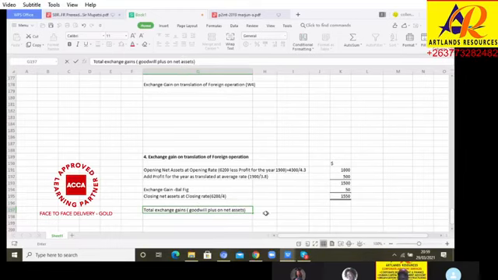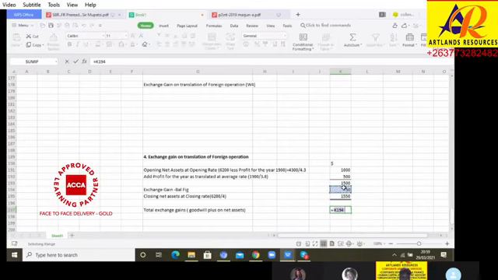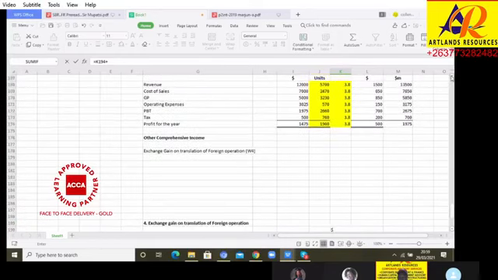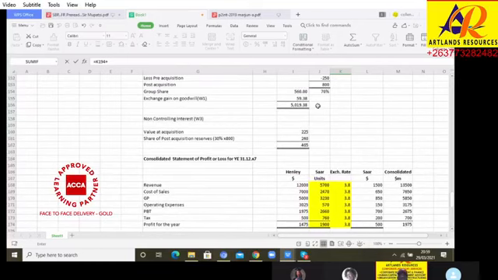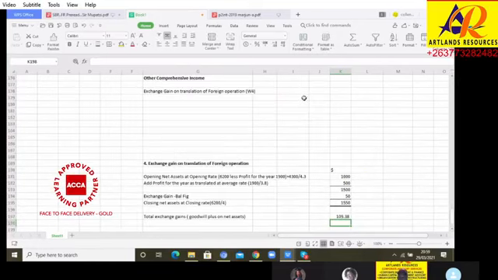Or you then get total exchange gain equals, you say this 50 plus the gain on Goodwill, which is 59. So it's 109. So these are the total exchange gains.